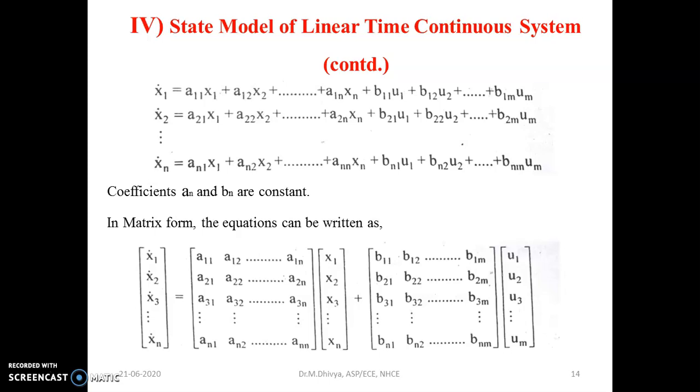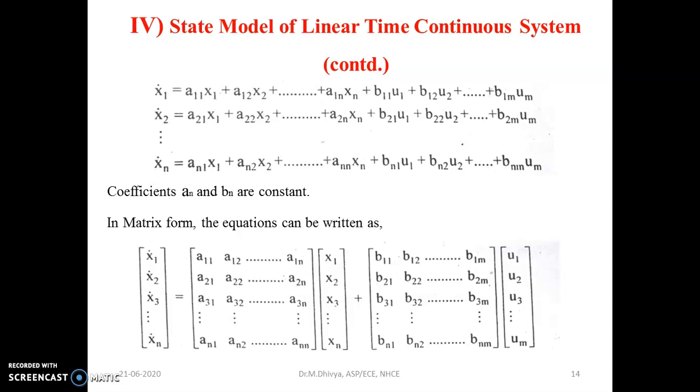In matrix form, the equations can be rewritten as, on the left hand side, a single column matrix or a vector given by x1 dot, x2 dot till xn dot is equal to, on the right hand side, the coefficients are represented by the coefficient matrix.